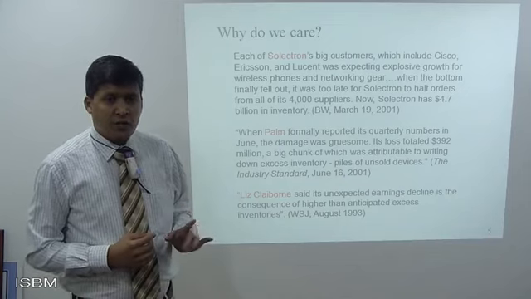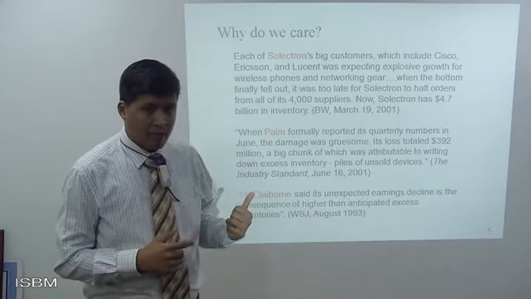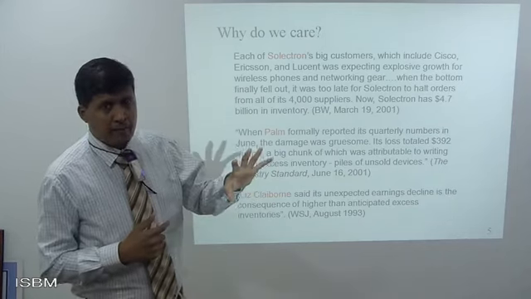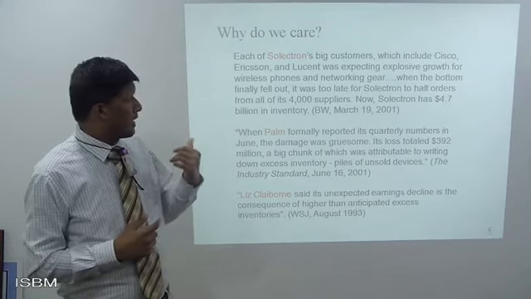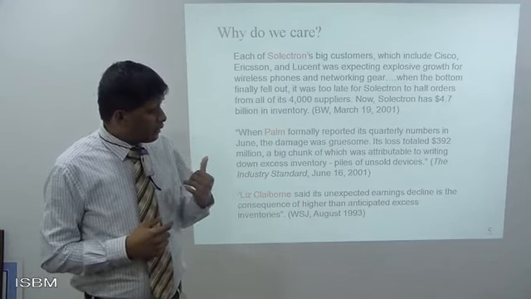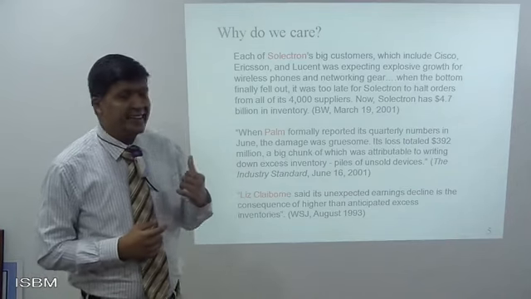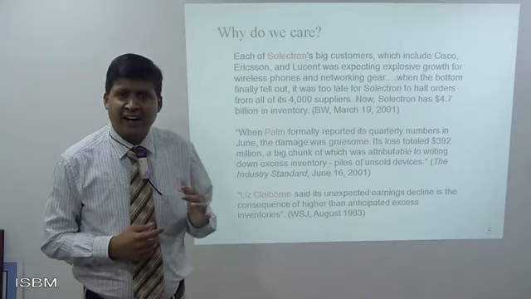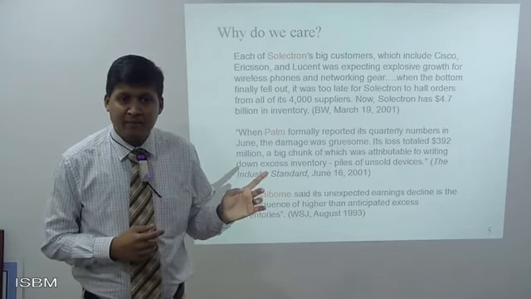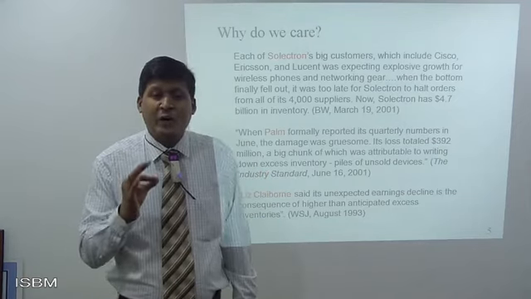Now look at these numbers, they are staggering, friends. Solectron is a company whose customers are Cisco, Ericsson, Lucent. Solectron had a $4.7 billion inventory, in the 2001 example. 2001, $4.5 billion inventory.